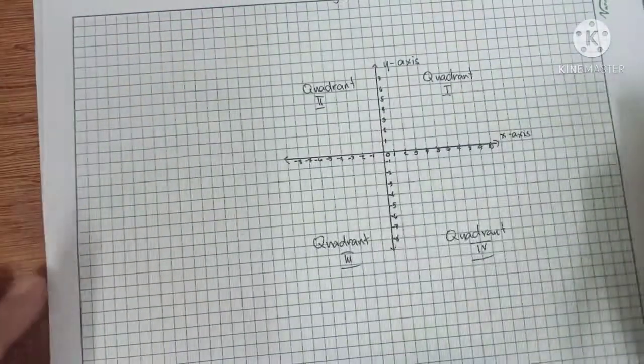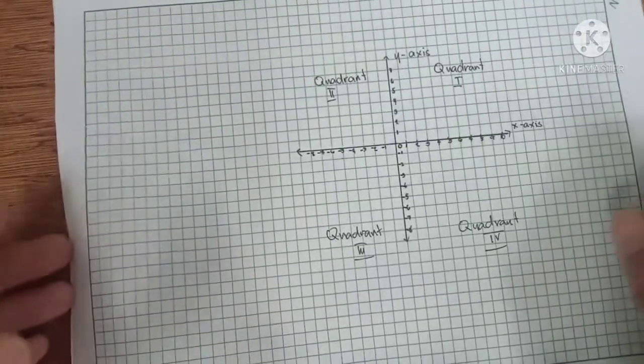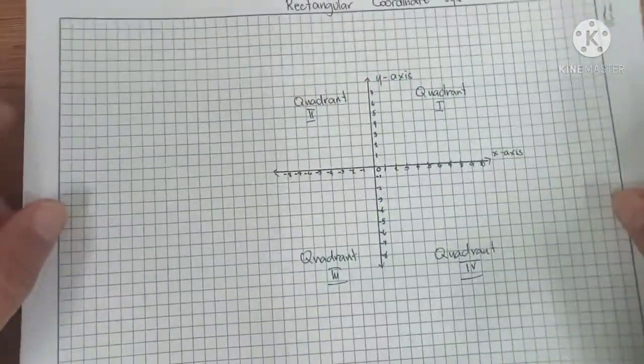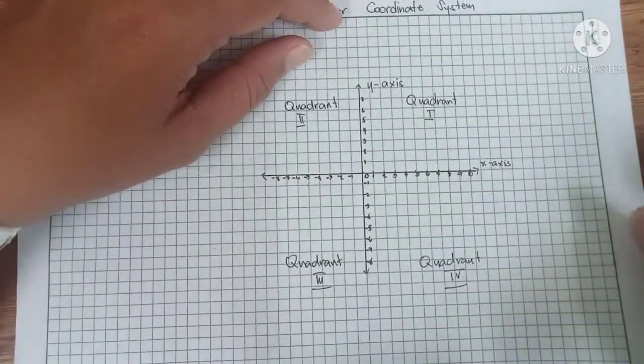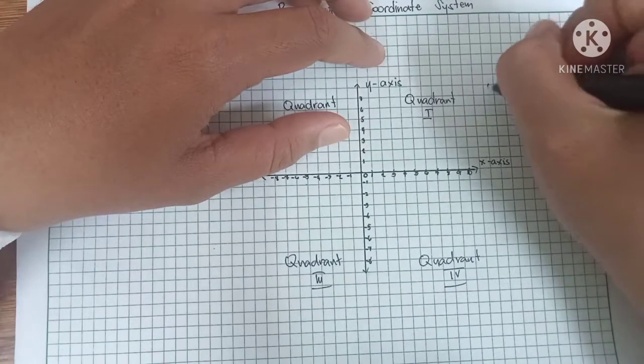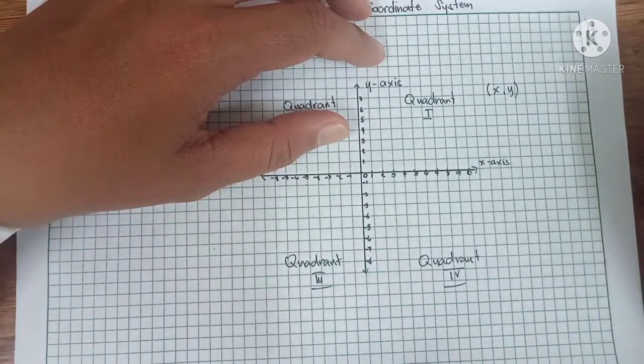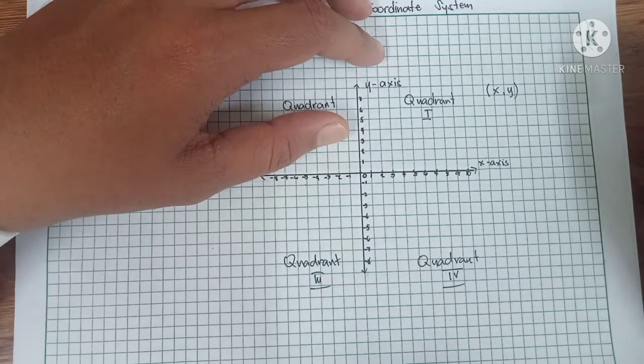With respect to ordered pairs, our point's location is designated with an ordered pair represented with x and y.